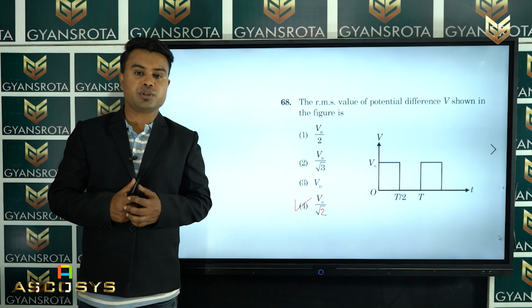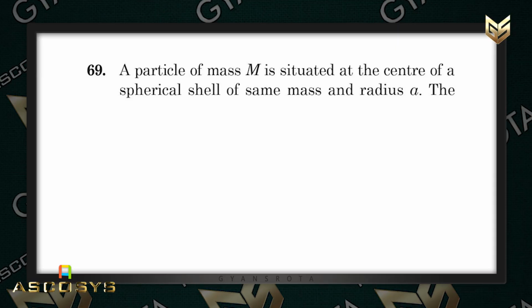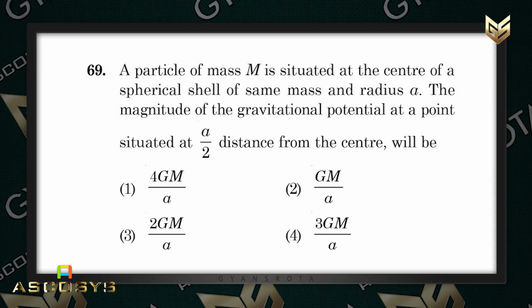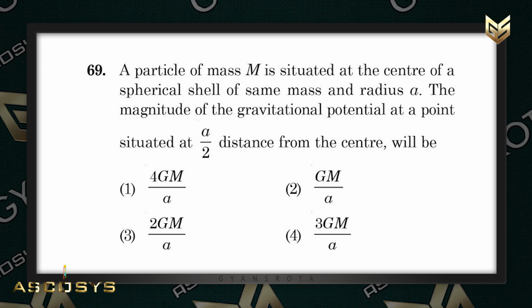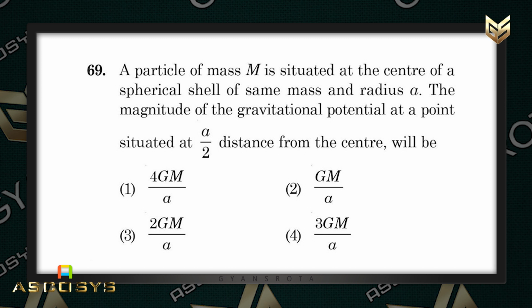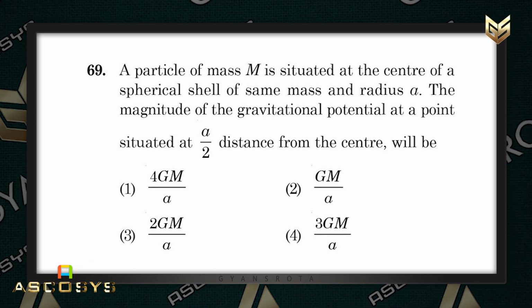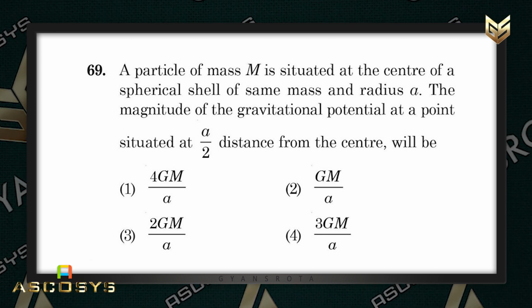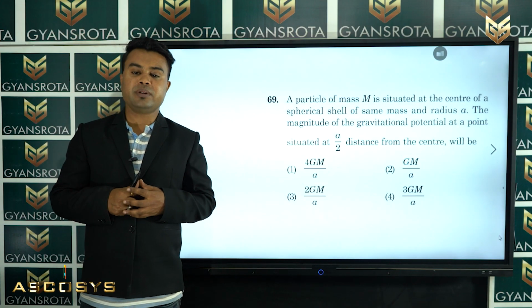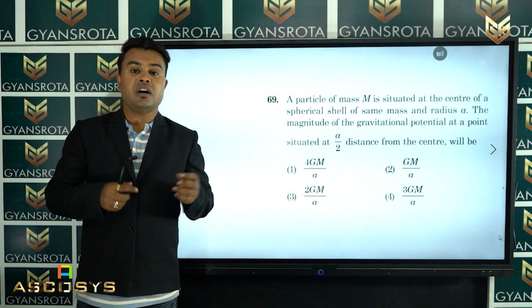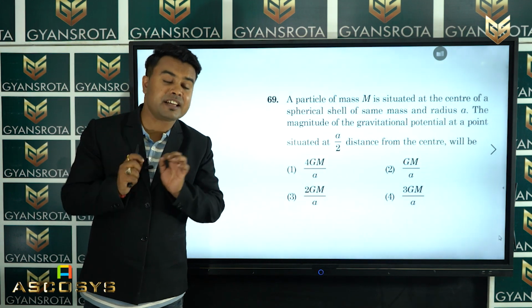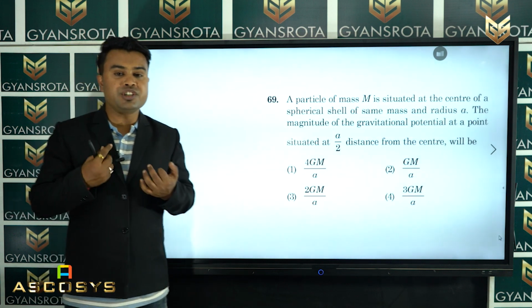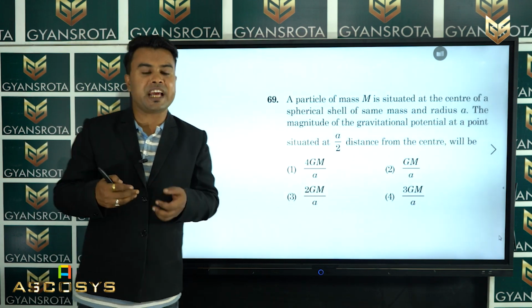Now let us move to the next question, that is question number 69. A particle of mass m is situated at the center of a spherical shell of the same mass and radius a. The magnitude of the gravitational potential at a point situated at a by 2 distance from the center will be how much? So you need to calculate the gravitational potential due to the center and the shell of radius a at a by 2. Potential is a scalar quantity, so we can add up directly.